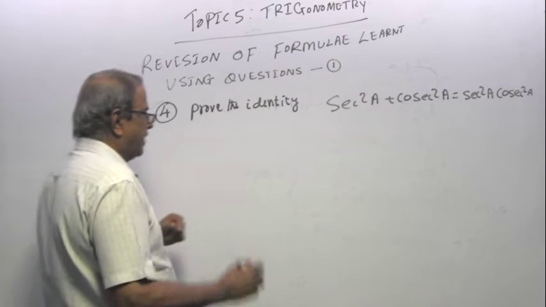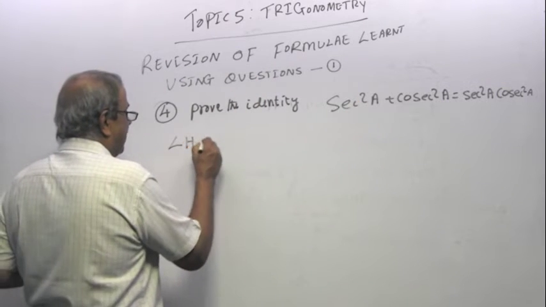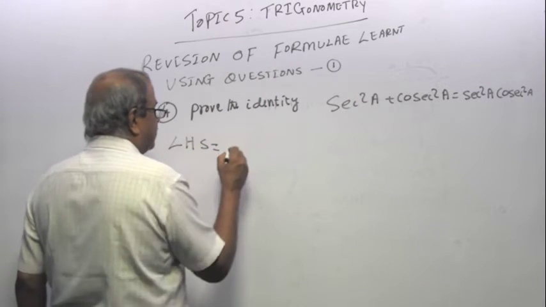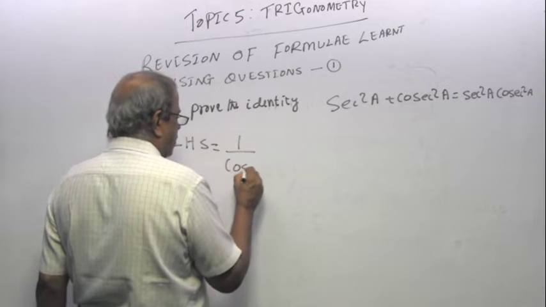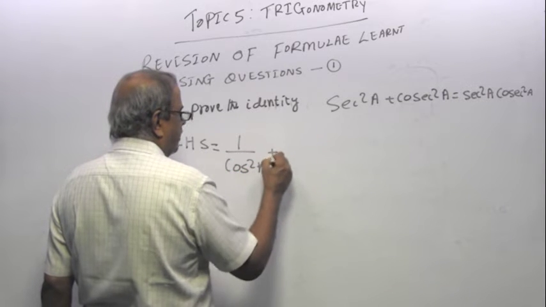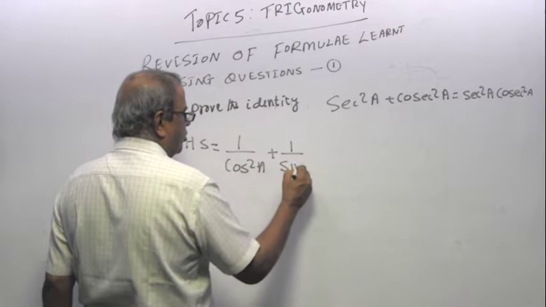So I'll start with the left hand side. Sec squared can be written as 1 over cos squared. Cosec squared can be written as 1 over sine squared.